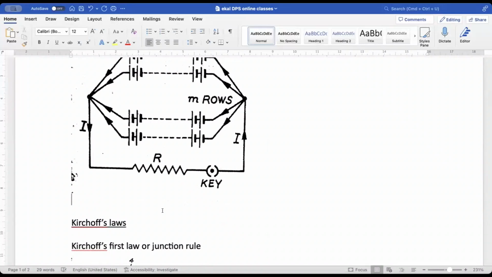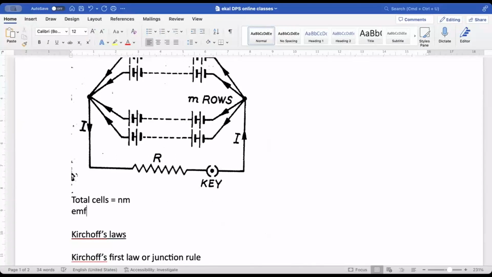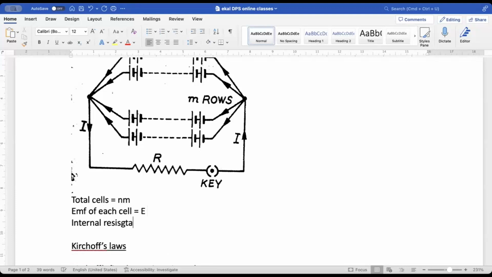The total number of cells will be n into m. Total cells are n into m, and EMF of each cell is, say, E, and internal resistance of each cell is, say, small r, right?